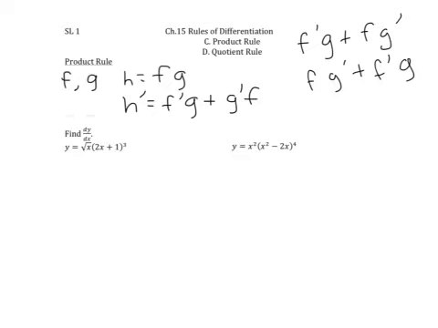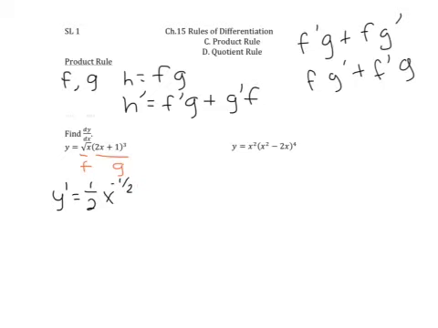Take the derivative of square root of x times 2x plus 1 to the cube. First, let's decide which one's going to be f and which one's going to be g function. So I'll let the first one to be f, this one to be g. So derivative of y would be, take the derivative of f, which will be 1/2 x to the negative half power.